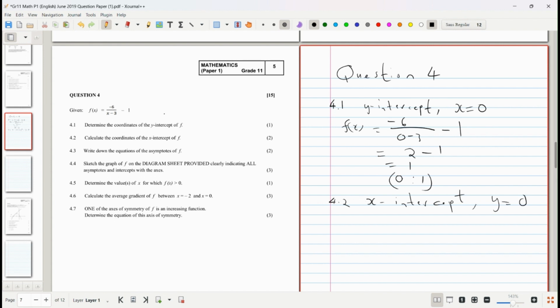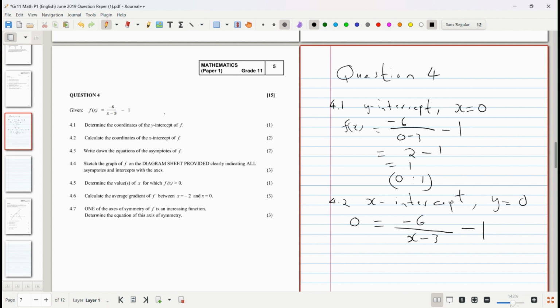As I mentioned before, f of x is the same as y, so we write 0 for f of x. This will equal negative 6 divided by x minus 3, and then minus 1.